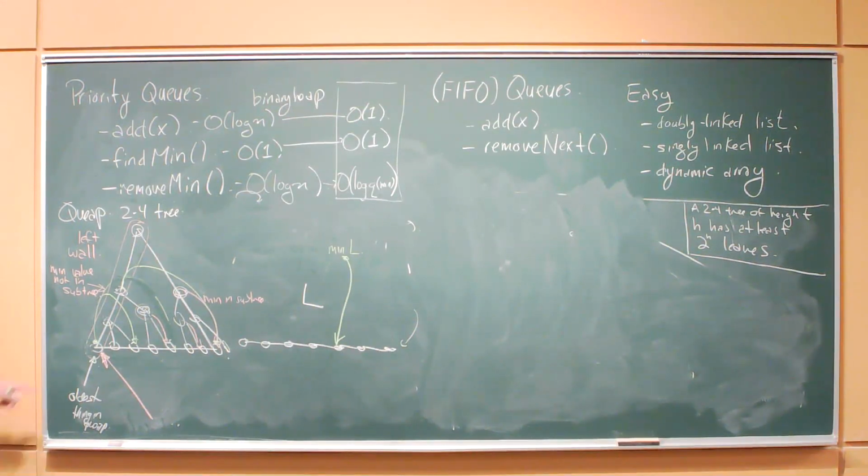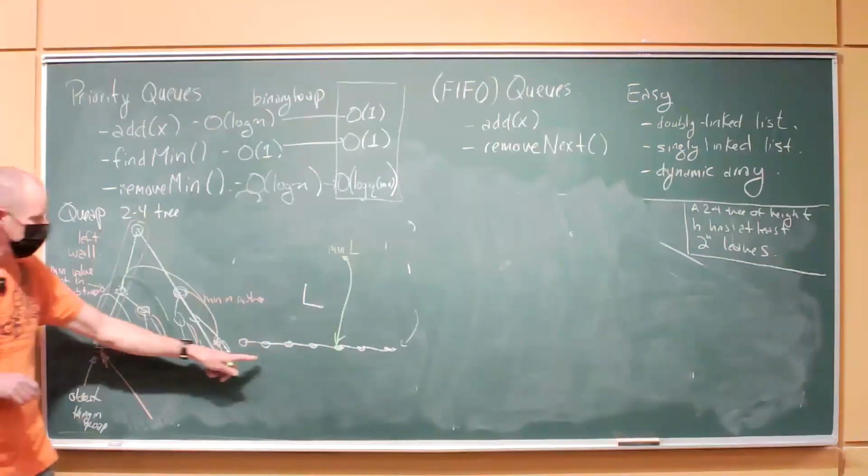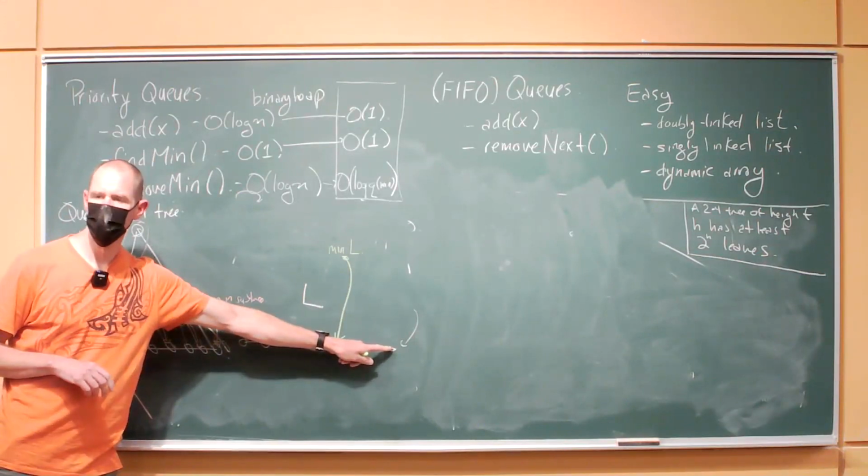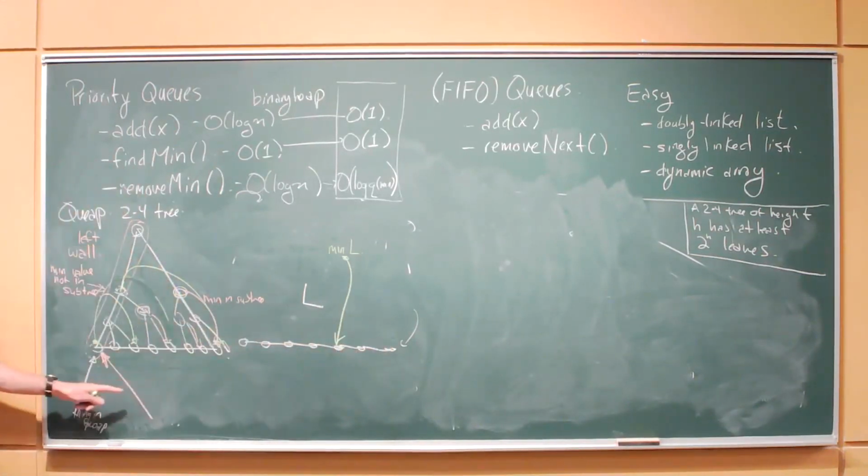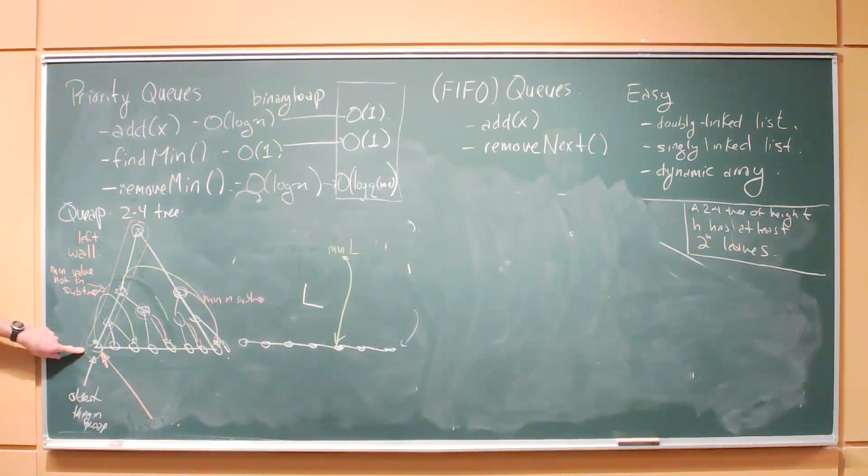Well, no, these things are disjoint. This is the oldest elements, and over here are the newest elements. The same values aren't stored in each of these things. You can check the oldest element and see where that's pointing to, compare those two, and then also compare that one with the minimum in L. Right. So we have a pointer to the oldest element.